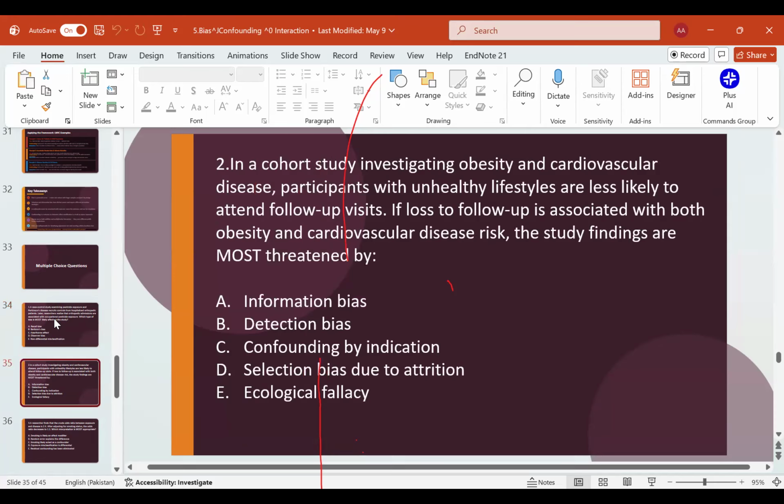In a cohort study investigating obesity and cardiovascular disease, participants with unhealthy lifestyles are less likely to attend follow up visits. If loss to follow up is associated with both obesity and cardiovascular disease risk, the study findings are most threatened by information bias, detection bias, confounding by indication, selection bias due to attrition, or ecological fallacy.